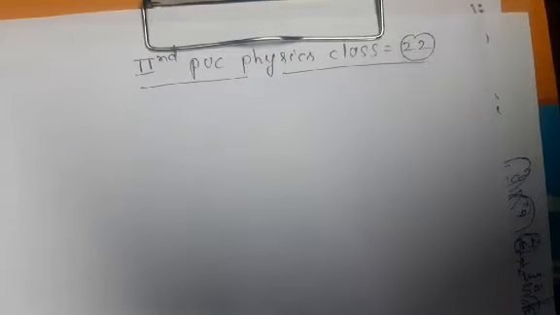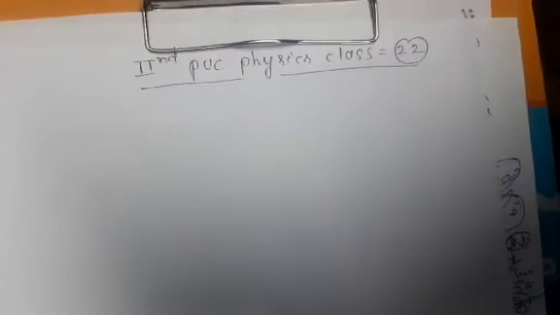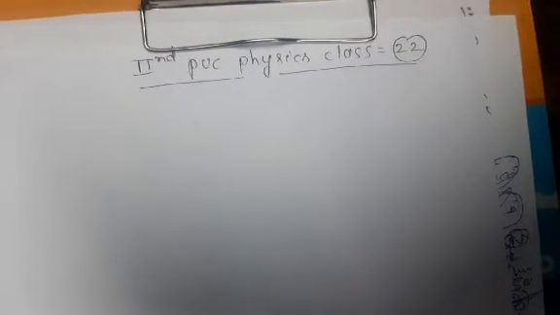What are the factors of resistance? What is the meaning of resistivity? What is the SI unit? What is the formula and explanation? And what are the graphs of resistivity versus temperature for semiconductors, copper wire and nichrome wire?